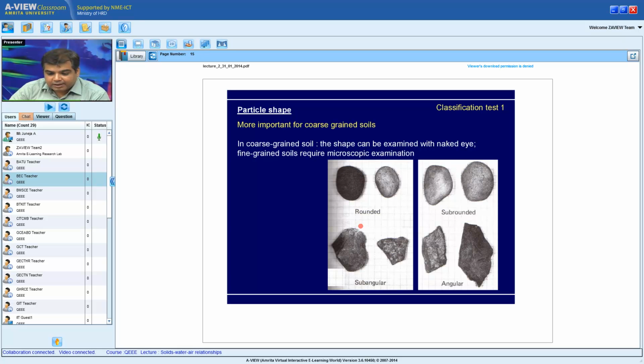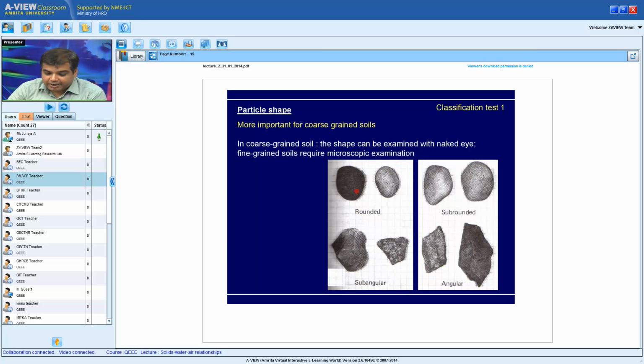Like I said, if you can examine the particle with your eye or even with a hand lens, we can crudely say that it is a coarse grained deposit. Over here we have a representation of 4 different shapes, and these shapes are more important for coarse grain.